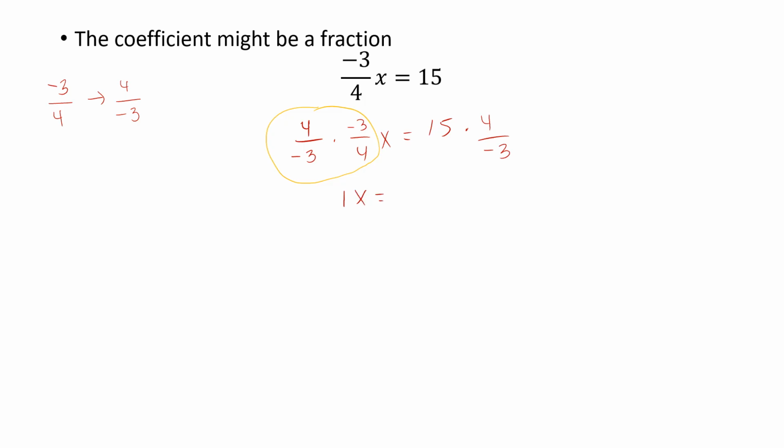So 15 times 4 is 60. And 60 divided by -3 is -20. And 1 times x is just x. So if you see the negative or the fraction as your coefficient, then that's how you would tackle it. And again, whatever you do to one side, you do to the other.